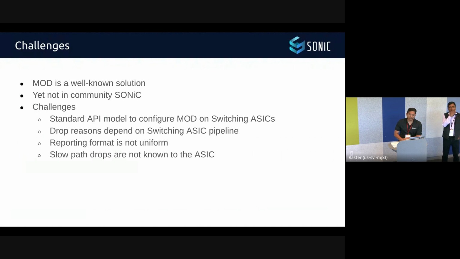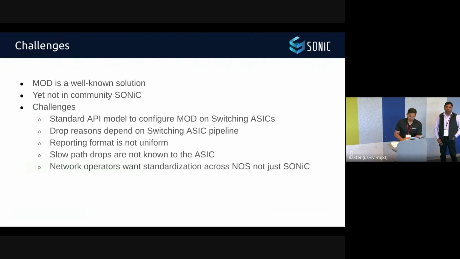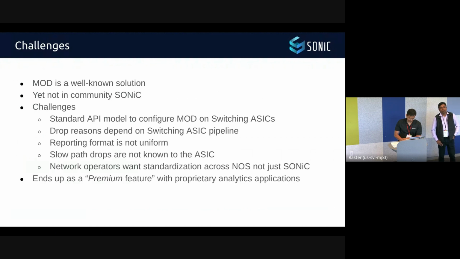So we need a consistent view of packets getting dropped either in the hardware or in the slow path. And most importantly, network operators want these drop reasons to be standardized across different types of network operating systems. Not just SONiC, it needs to be consistent across other network operating systems.